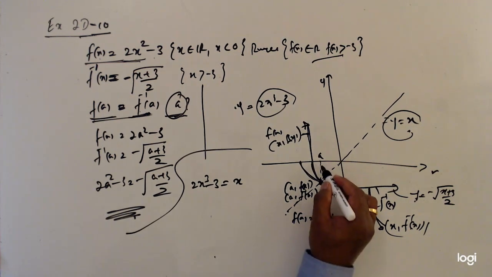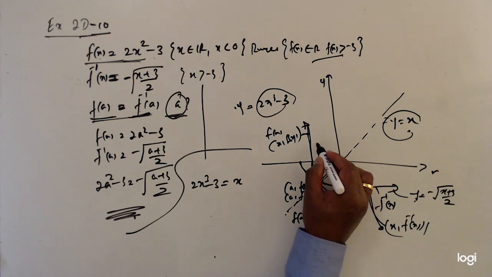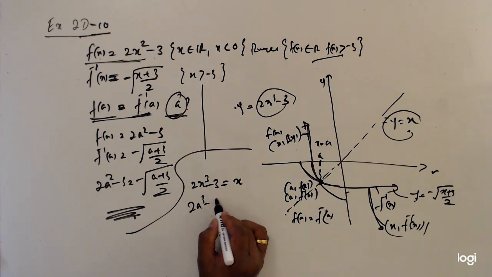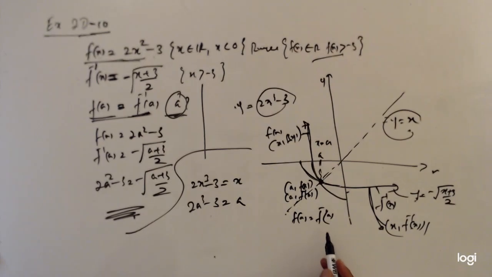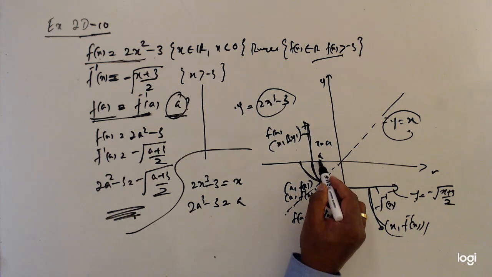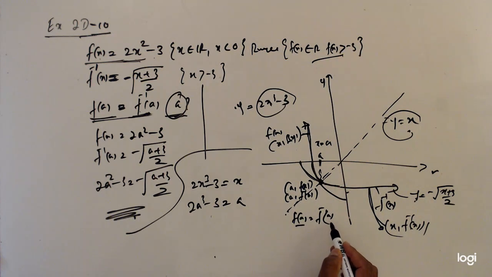Assume that we need this at the point a, this x value is a, x = a, then 2a² − 3 = a, because not every x place, it is a particular x place where f(a) becomes f inverse(a), f(x) becomes f inverse x, that point is a when x = a.